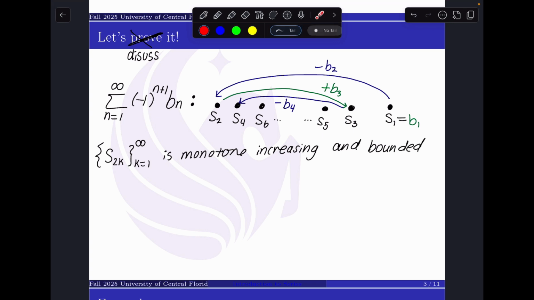And you might say, well, how do we know that it's bounded? Well, let's just look at this picture, right? The lowest my partial sums are ever going to go is this S sub 2, and the highest is this S sub 1.